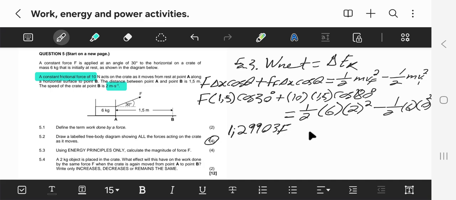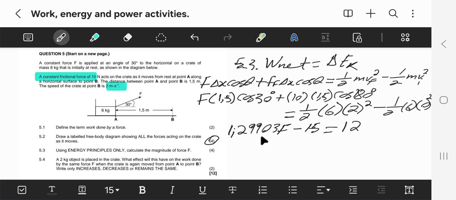Then I'll write F, and then this one I will see 10 multiplied by 1,5, and I know cos 180 is -1, so it's 10 times 1,5 times -1, and that means I'm going to get -15, is equal to, when I come to the other side, half multiplied by 6 multiplied by 2 squared, and the answer I get is 12.